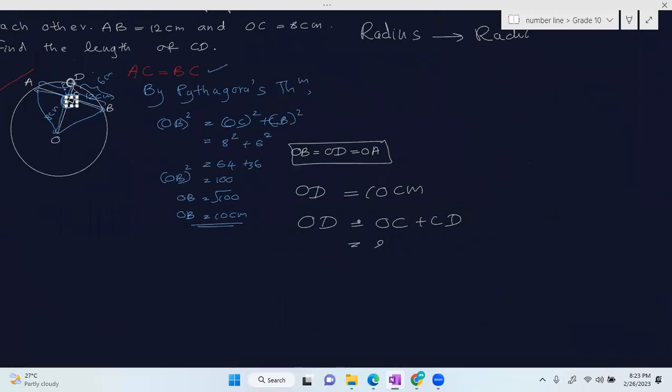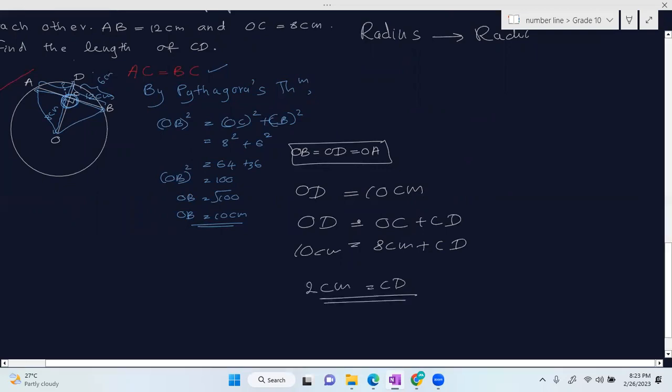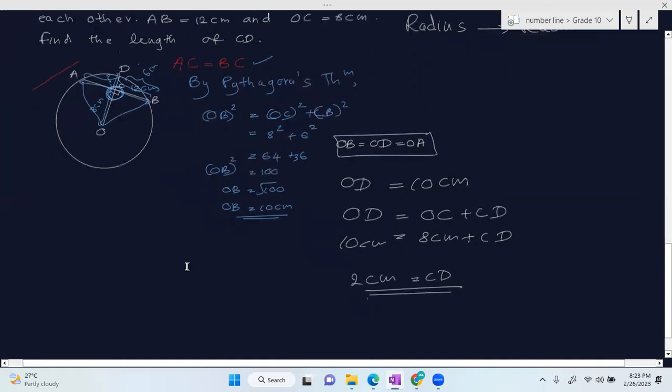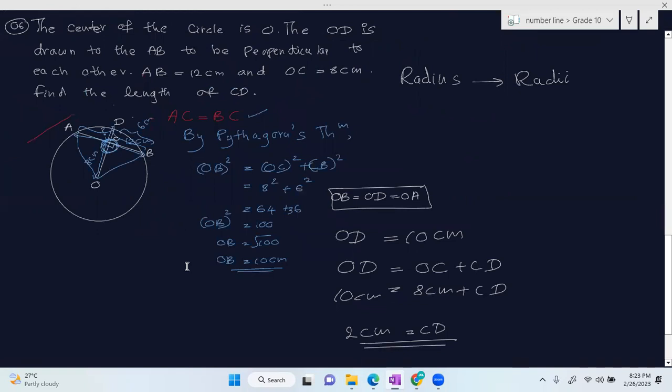OC is 8 centimeters. Then to find CD, OD is 10. Subtract 8 centimeters from 10 centimeters. It is 2 centimeters. CD is equal to 2 centimeters. Okay. Write this down.